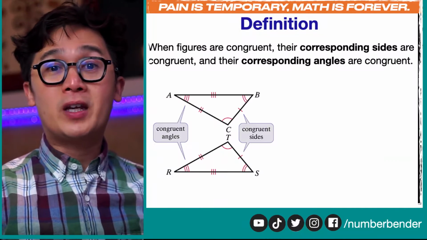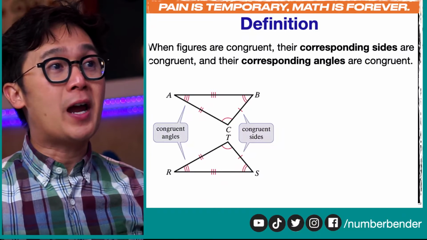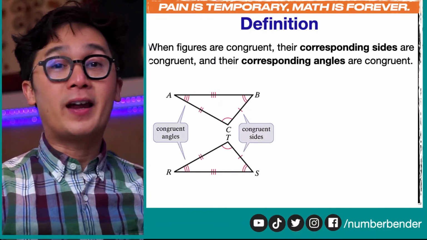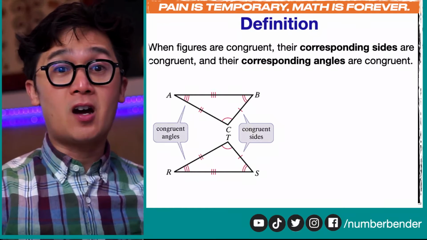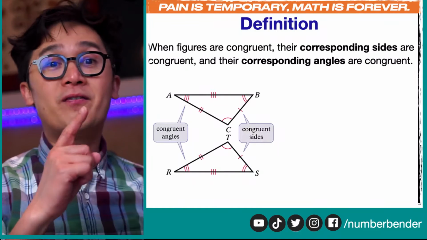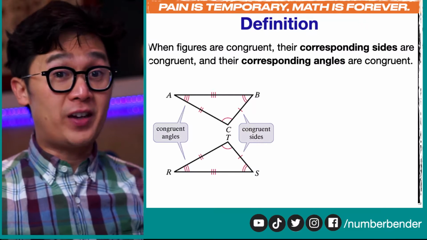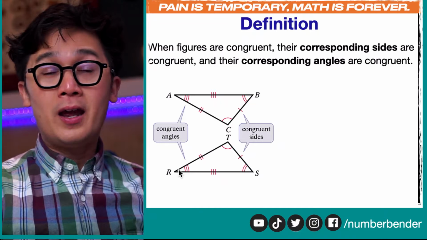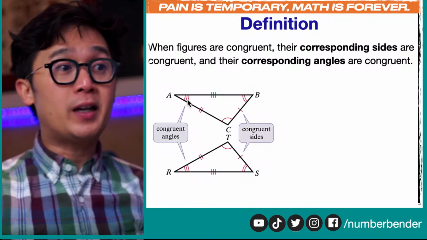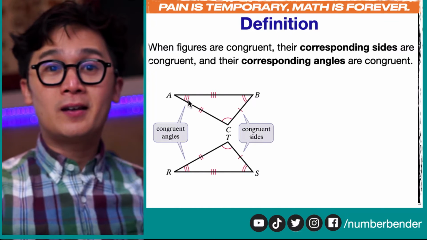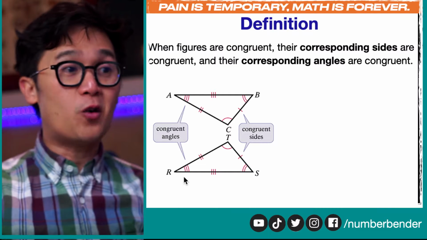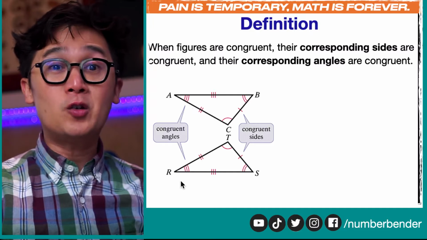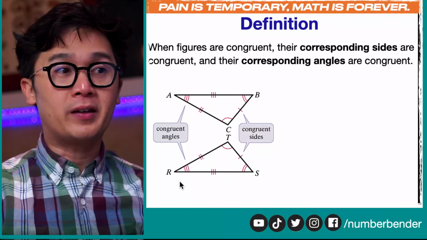So given that we have triangle ABC and triangle TRS, we know that their corresponding angles and corresponding sides are congruent because of the markings that you are seeing on the figure. Here, angle A corresponds to angle R, and the reason is that we have three markings on this corner and on this corner, so they are congruent, therefore they are corresponding.